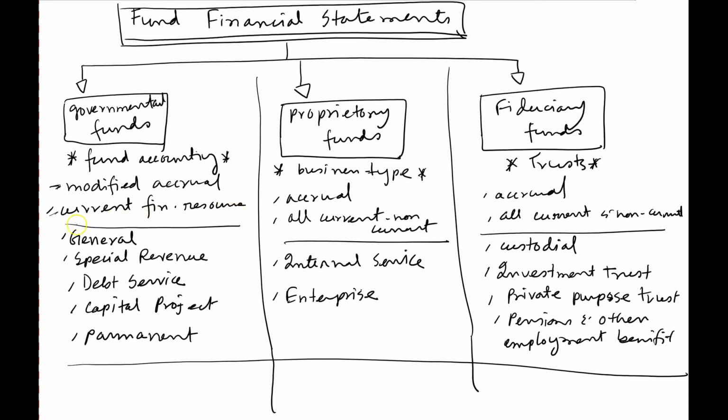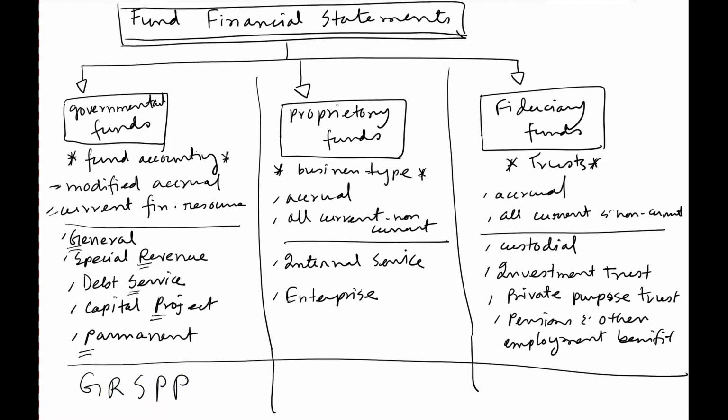So here there are several funds that we also learned: general fund, special revenue fund, debt service fund, capital project fund, and permanent fund. I underlined these letters because the CPA material gave you one tip to remember the names of those funds, and they call it GRSPP.